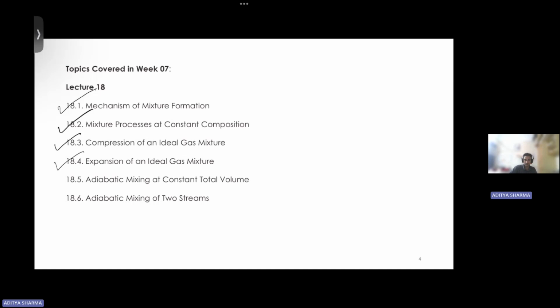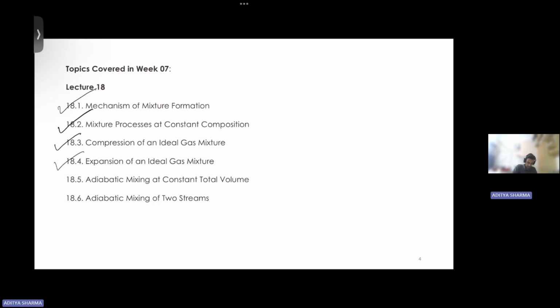This has been given in this topic's discussion. Okay. So this was about your compression and expansion of ideal gas mixture.